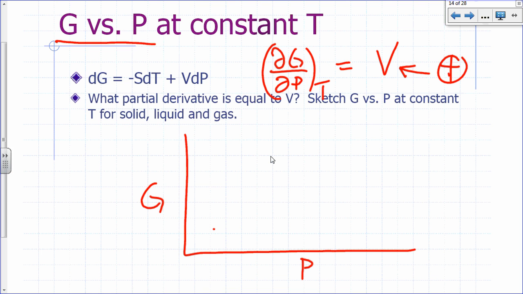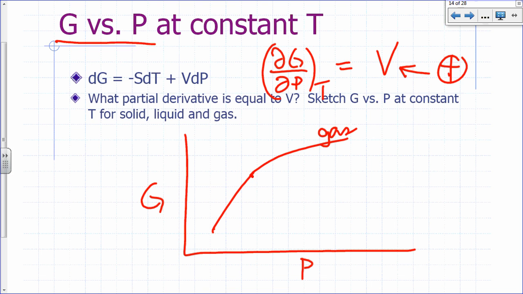What happens when you increase the pressure? What happens to the volume? It goes down. If the volume goes down, what happens to the slope? It gets less steep, right? So it's steeper at low pressure, and at higher pressure it would be less steep. Okay? Now, if this was for the gas, what would it be for a solid or a liquid?